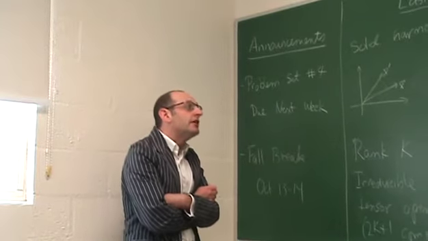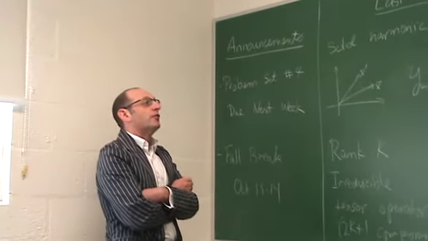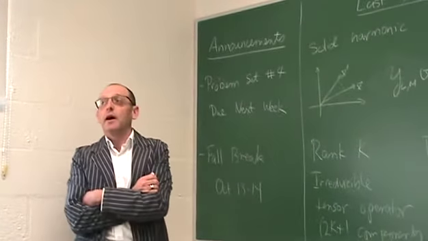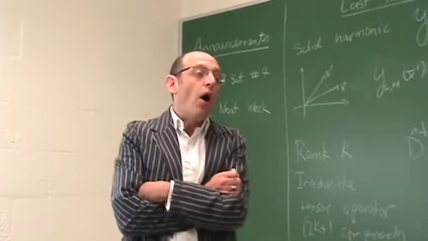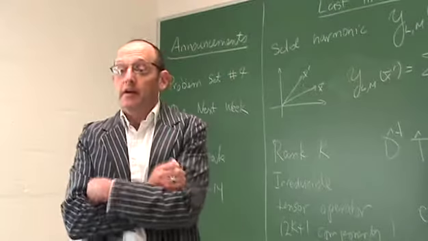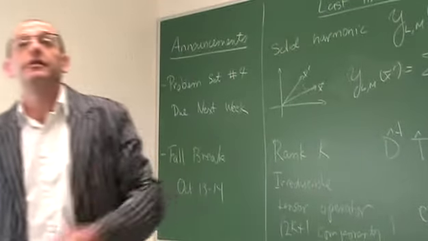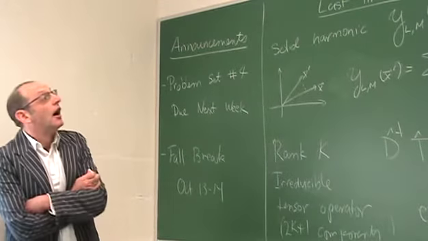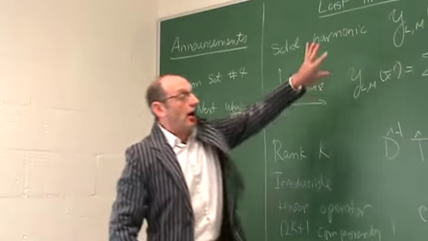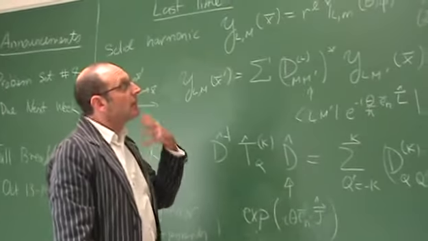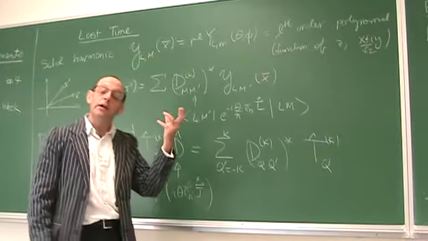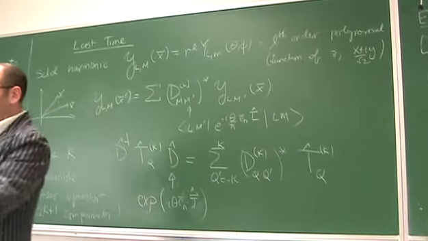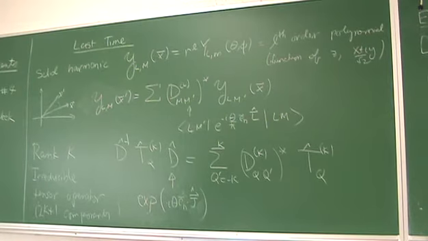And the definition comes from thinking about spherical harmonics. So spherical harmonics are functions of directions in space which, under a rotation, the 2L plus 1 components of spherical harmonics rotate into one another.